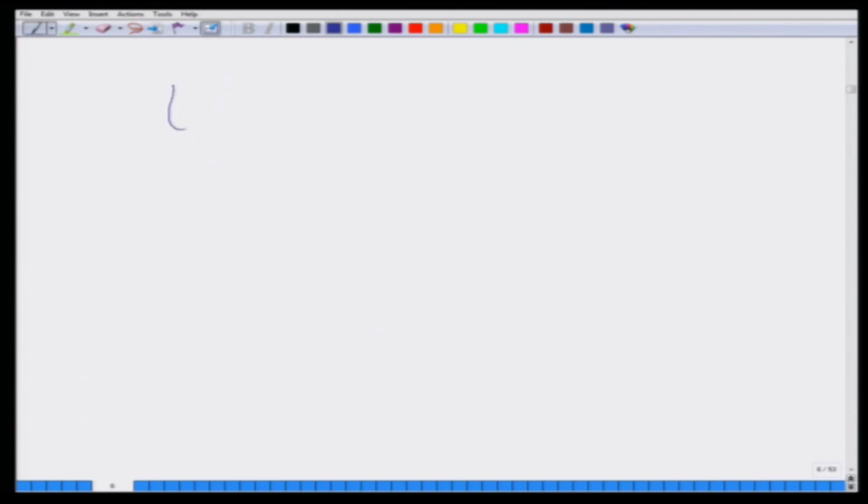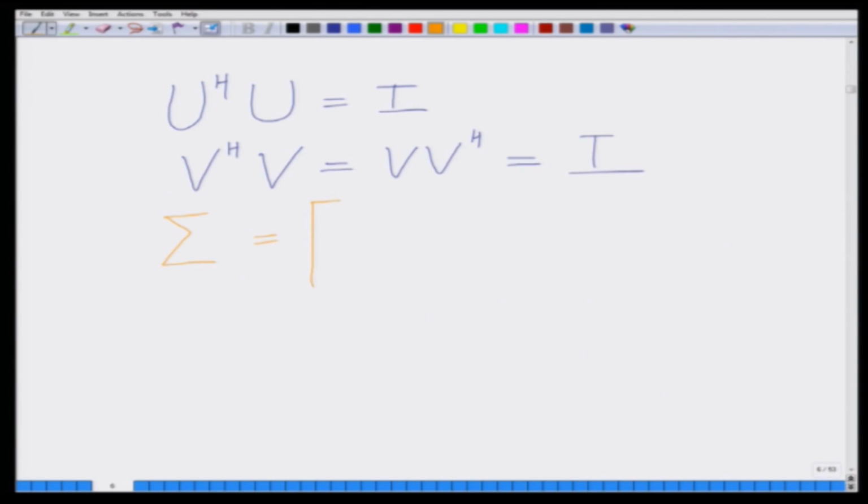For the matrices U, sigma, V, I have U Hermitian U is identity, I have V Hermitian V equals V V Hermitian equals identity, I have sigma as the diagonal matrix square root of 52, square root of 13, 2.